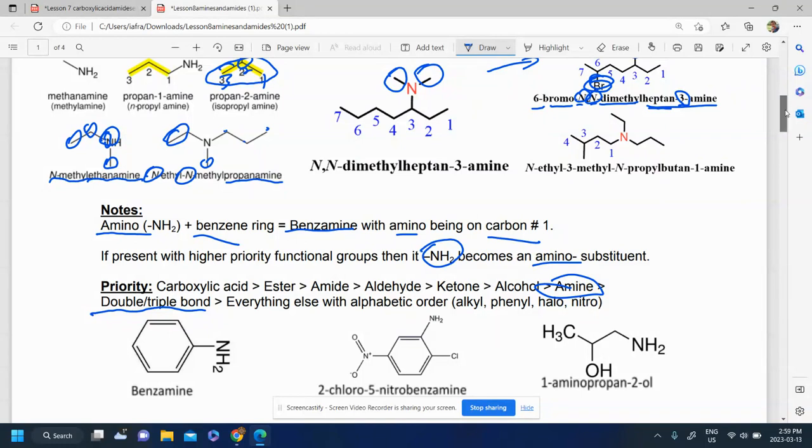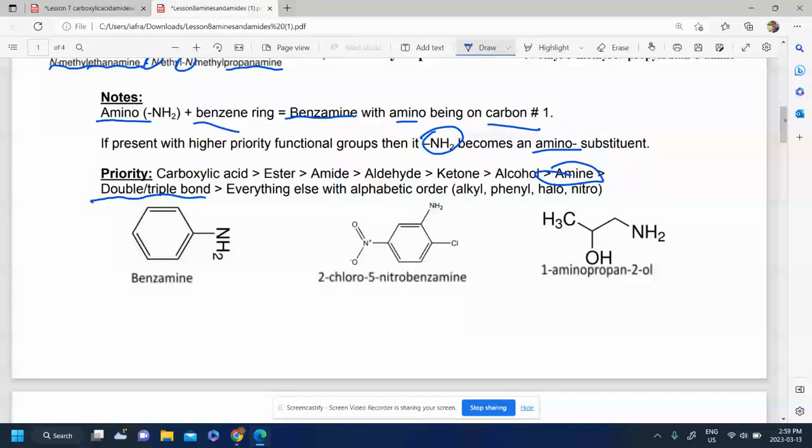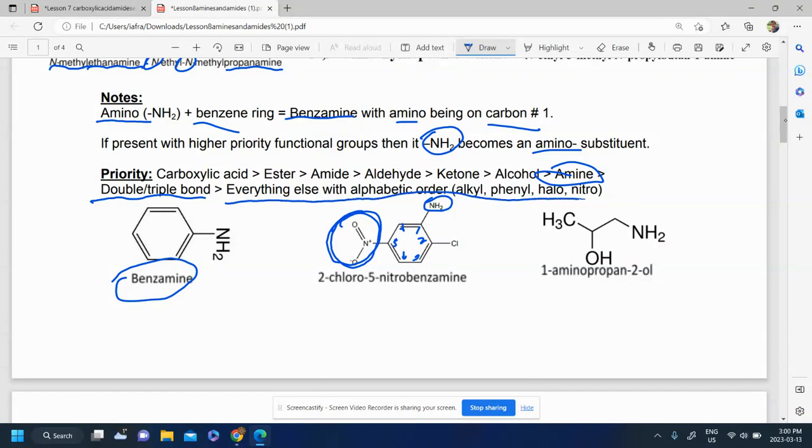So here we have a few examples. This is benzenamine over here. Over here we have this being the highest priority. We have a 1, 2, 3, 4, 5, 6. So 2-chloro-5-nitrobenzenamine. Don't confuse the nitro with being an amine. This is simply a nitro substituent, and that nitro substituent is the same priority as alkyl groups, essentially.